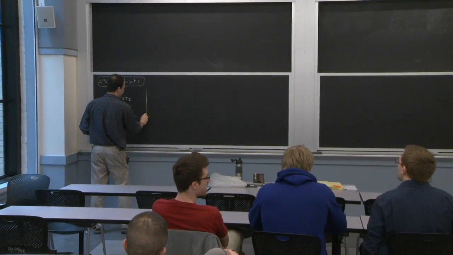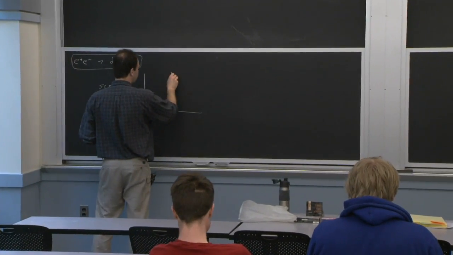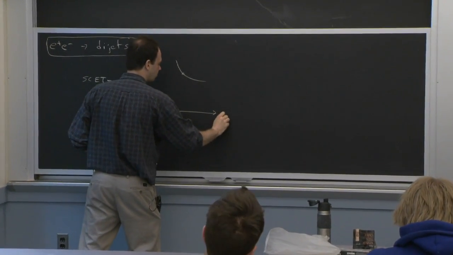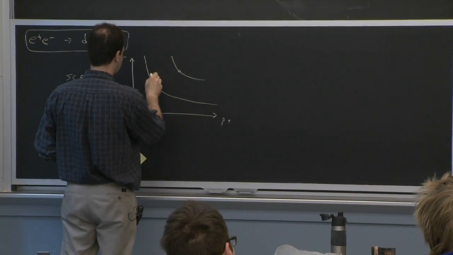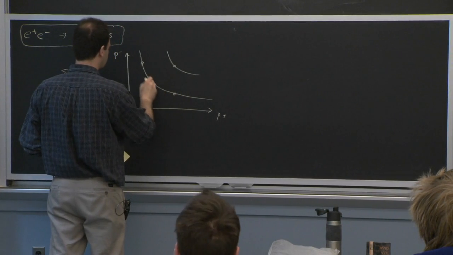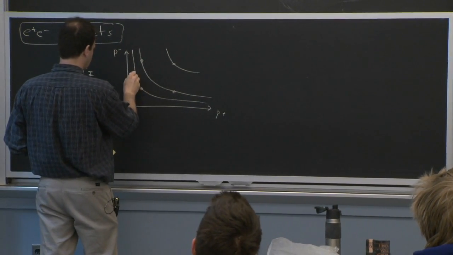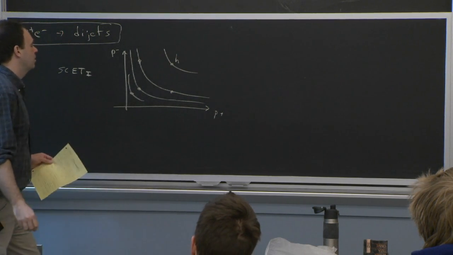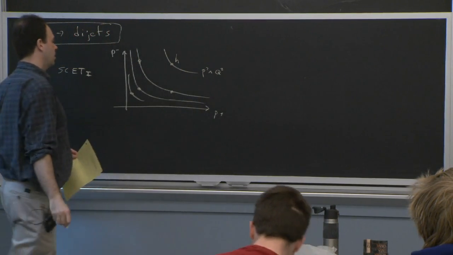So this is an example in SCET1 where the degrees of freedom in the p plus, p minus plane looked as follows. So we had hard modes that lived out here at p squared over some large scale q squared.